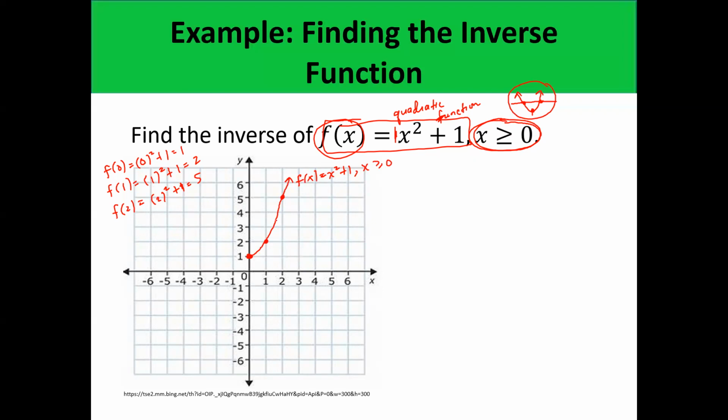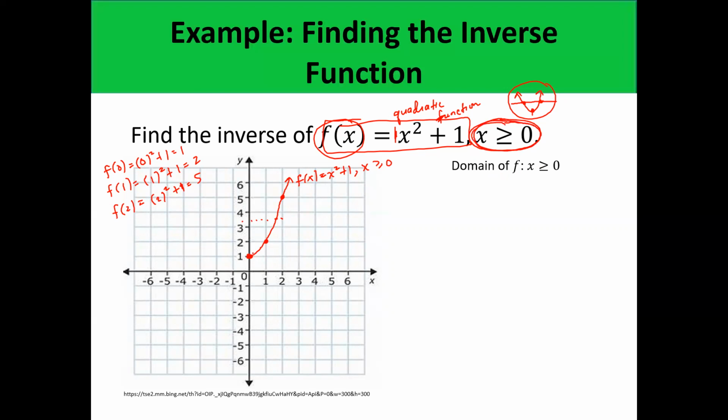So if it is just half, it satisfies the horizontal line test now. And thus we can determine the inverse. The inverse of f will also be a function. Okay? So in here for this function, the domain of f is x is greater than or equal to 0.